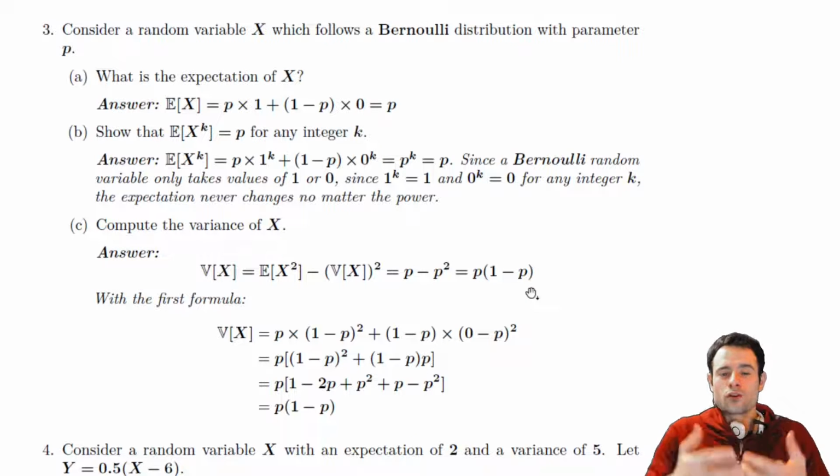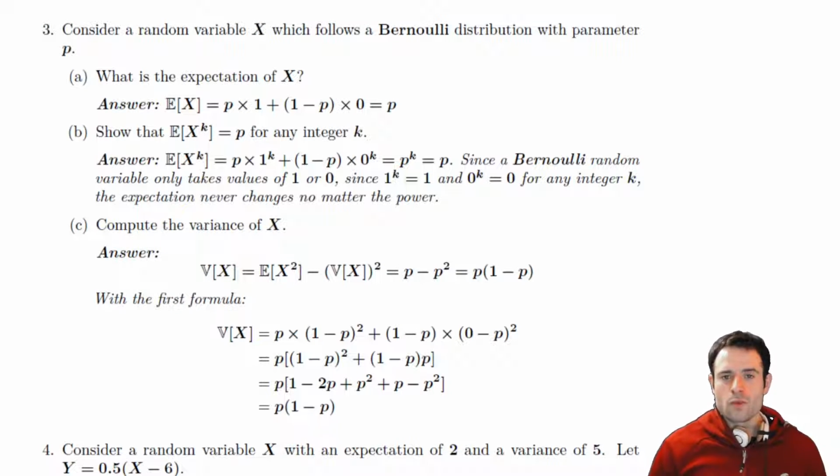Let's use the first formula. The first formula says I'm going to take the sum of the probability of taking each value times the value minus the expectation, squared.